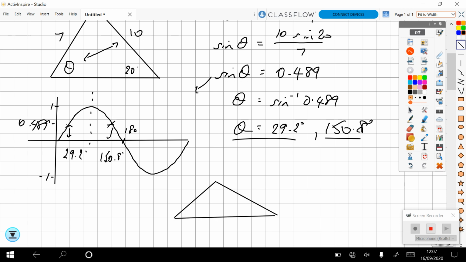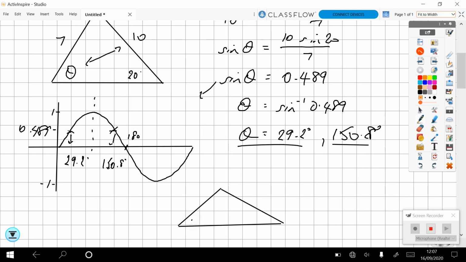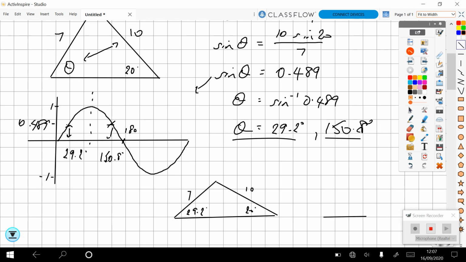So in the first, more understandable situation, 29.2 degrees, 20 degrees, 10 and 7. That's believable. But we've also discovered that there's another situation where you still have your 20-degree angle, but this triangle can exist as well.